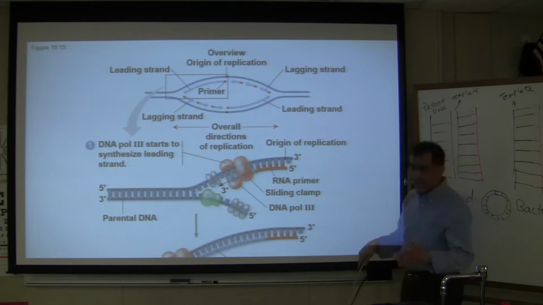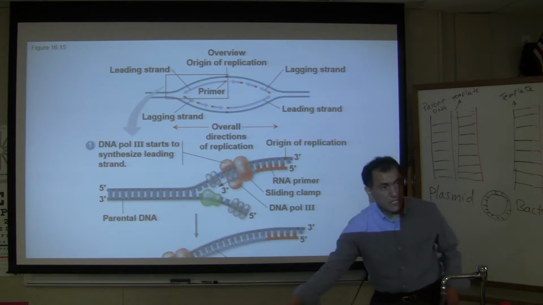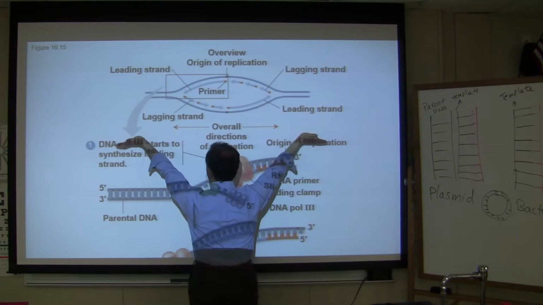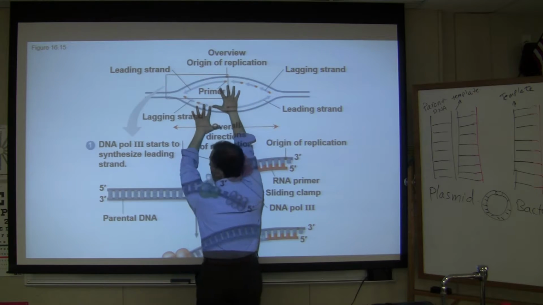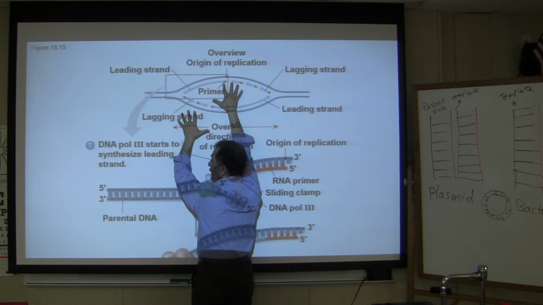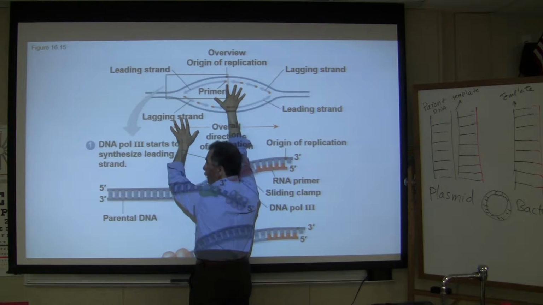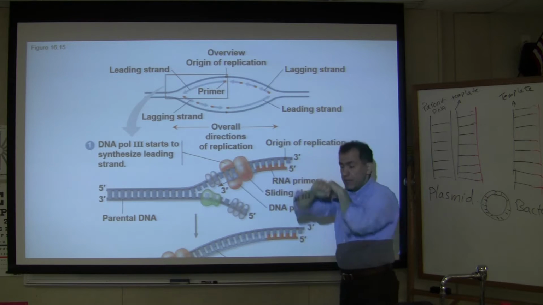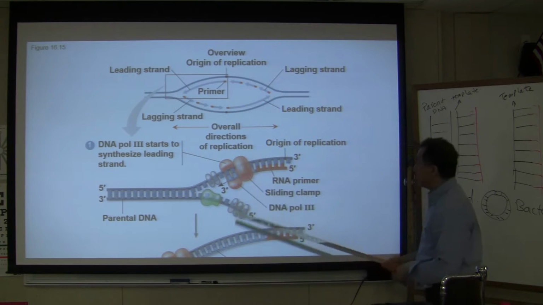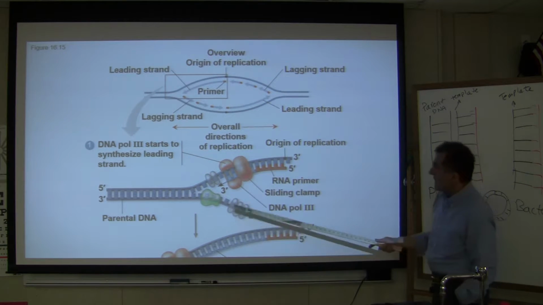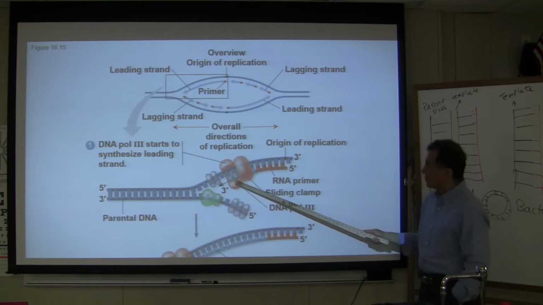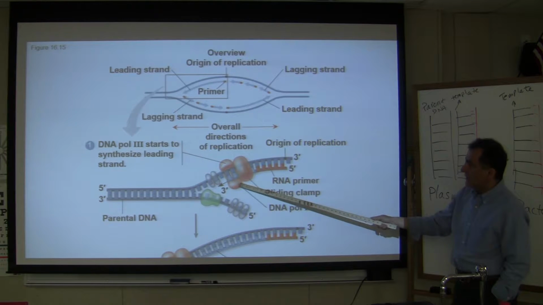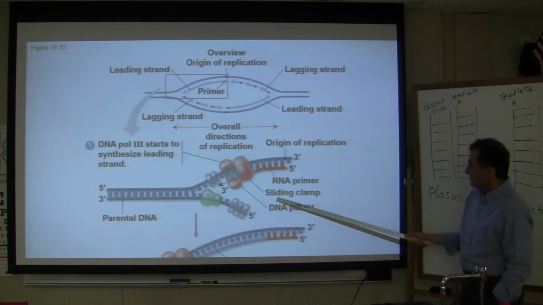As we already said, the duplication of DNA happens in both directions. This is the bubble, and we are talking about what is happening in the bubble. So what happens here, guys? You have DNA polymerase 3 starting to synthesize the leading strand.